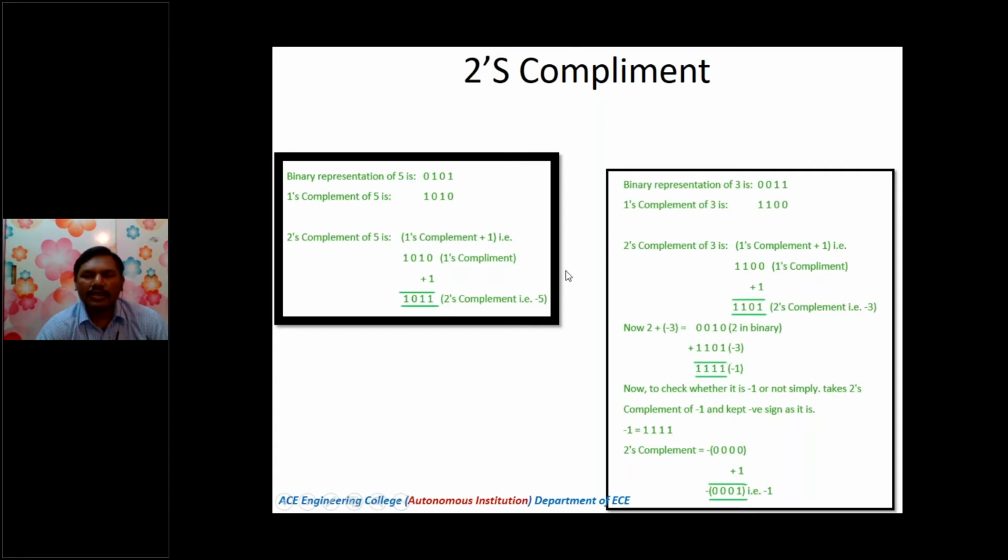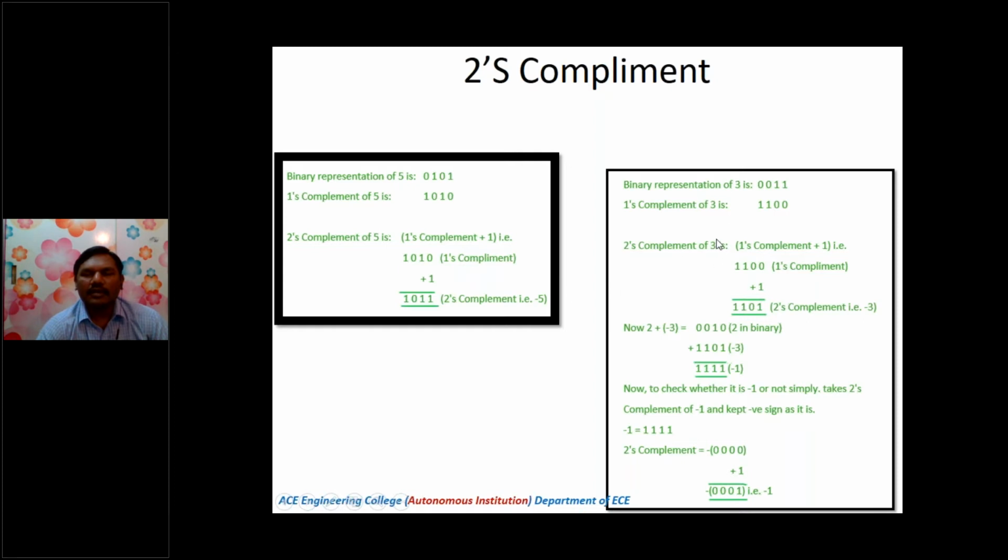So this is an example of how to subtract using 2's complement. Find the subtrahend's negative value in terms of 2's complement, because mainly these signed values will be useful for subtraction of numbers only.